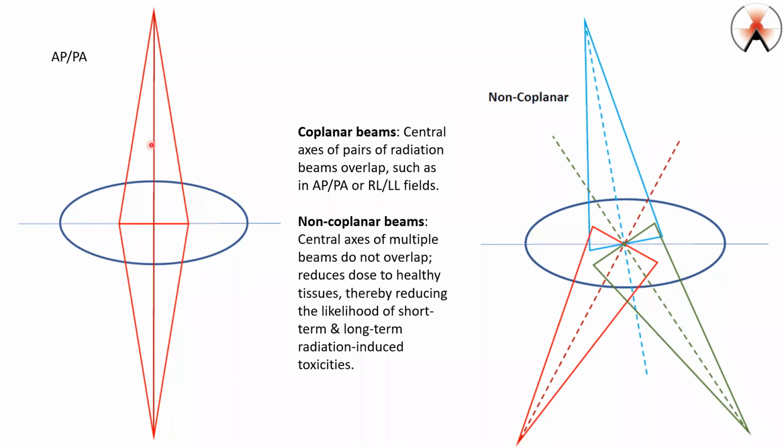In this case, for example, with the coplanar beams, the AP is delivering dose all along this path. And then the PA also delivers dose all along the same path. So all of this region is getting a double whammy, so to speak, as opposed to here, since they do not overlap, you are reducing exit dose.